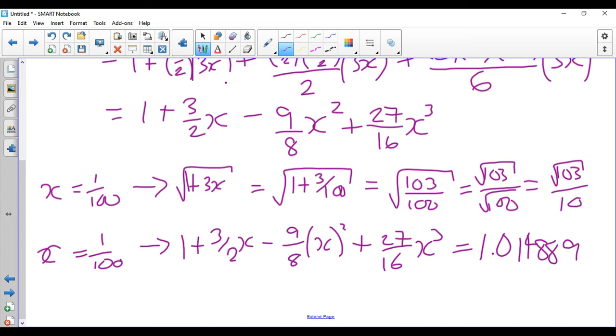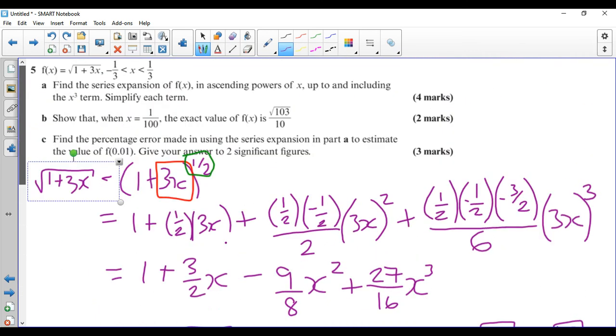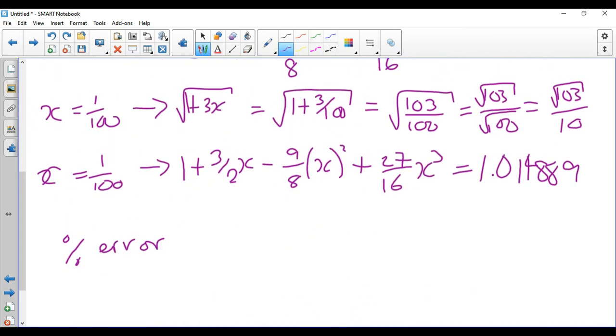So it wants to know the percentage error. So how different is 1.014889 from the square root of 103 over 10, which is what the exact answer is? So percentage error is predicted minus actual. Okay, so let's work out what the square root of 103 divided by 10 is.